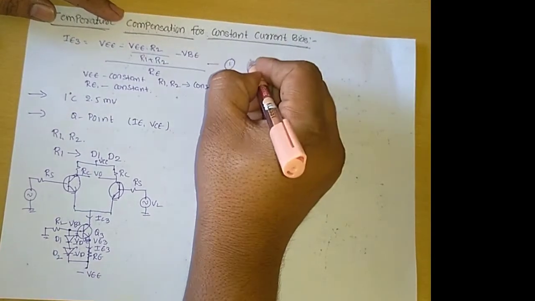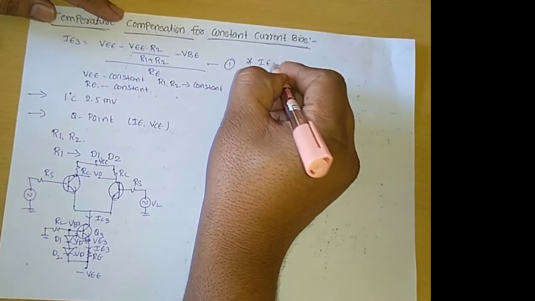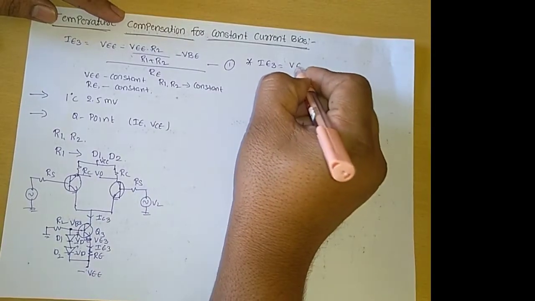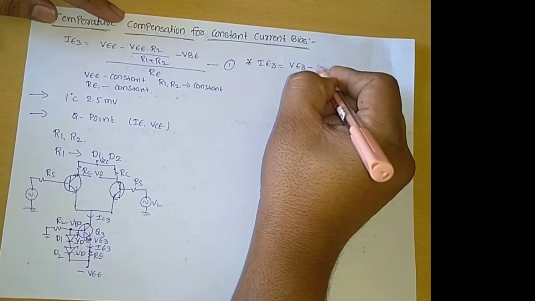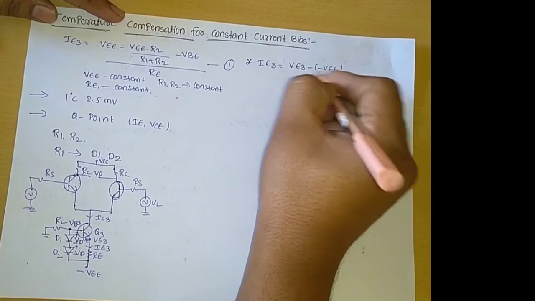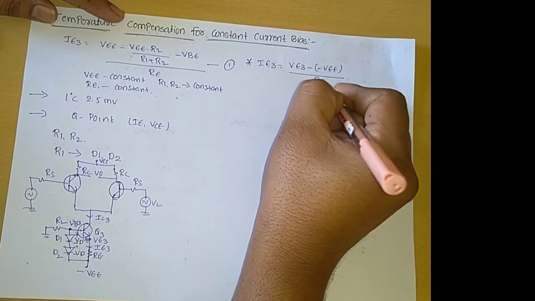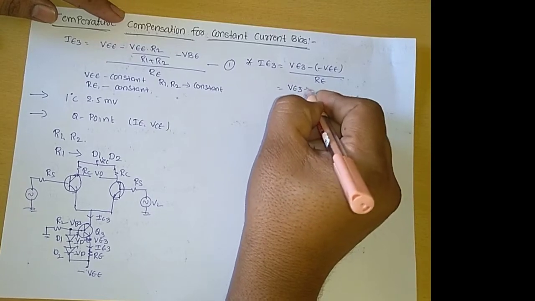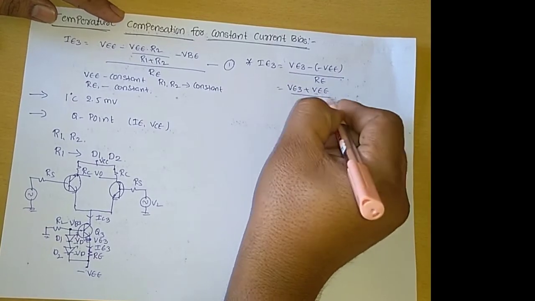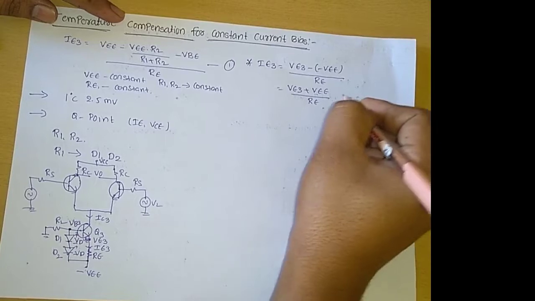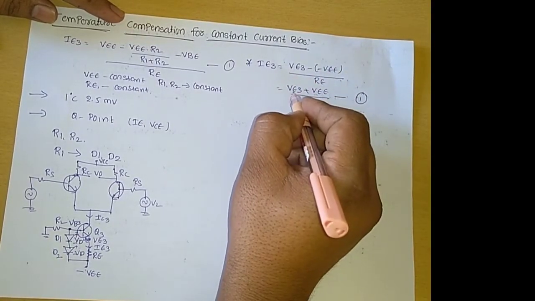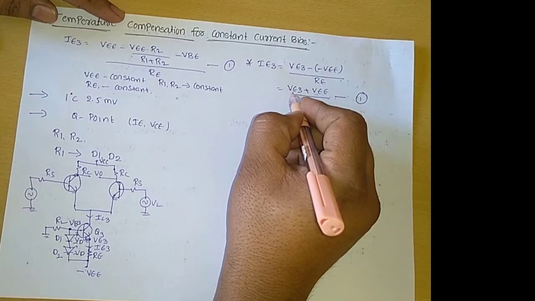The emitter current IE3 is equal to this voltage minus this voltage, divided by this resistor, that is VE3 minus VEE, whole by resistance RE, which equals VE3 plus VEE whole by the emitter resistance RE. This is equation number 1. And now we want to estimate this emitter voltage VE3.